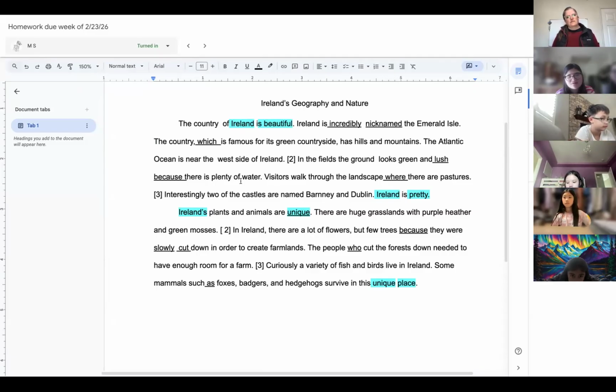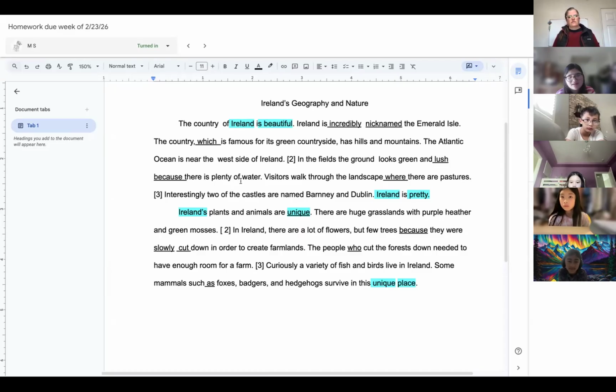The Atlantic Ocean is near the west side of Ireland. In the fields, the ground looks green and lush because there is plenty of water. Visitors walk through the landscape where there are pastures. Interestingly, two of the castles are named Barney and Dublin. Ireland is pretty.